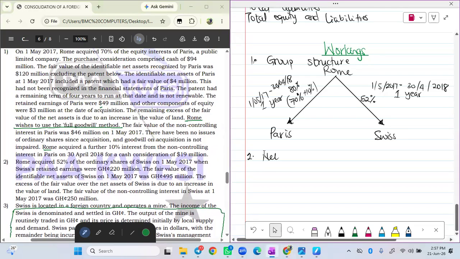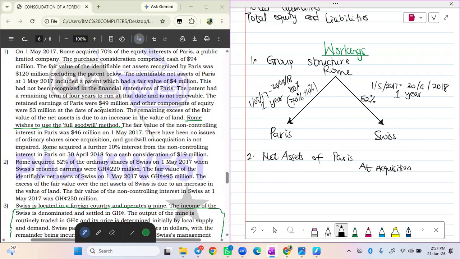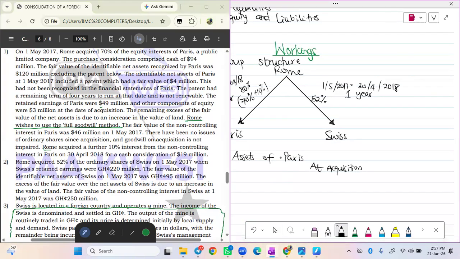So let's determine the net assets of the two subsidiaries. We are determining that of Paris first. So you have that at acquisition. You see everything about Paris in additional information 1, and it's very lengthy. That's why I told you to pay attention.